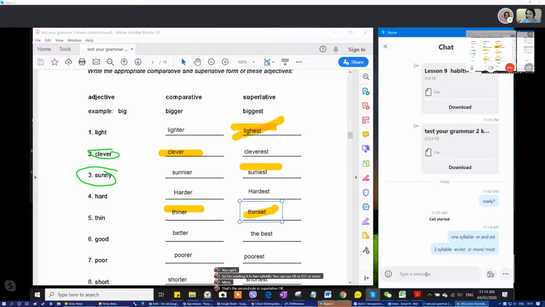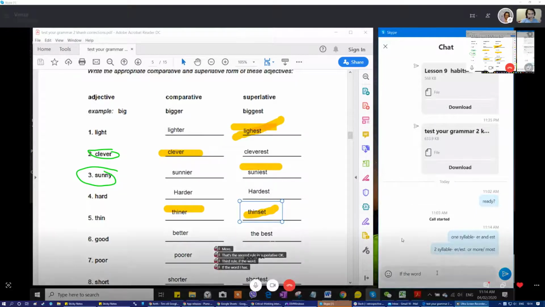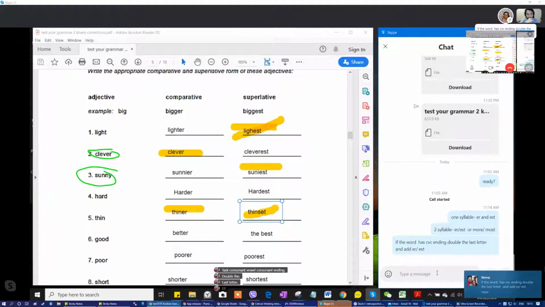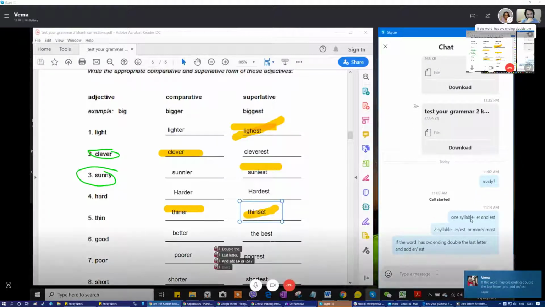Third rule, if the word has a consonant, vowel, consonant ending, double the last letter and add er or est. So that's for a single syllable, of course.